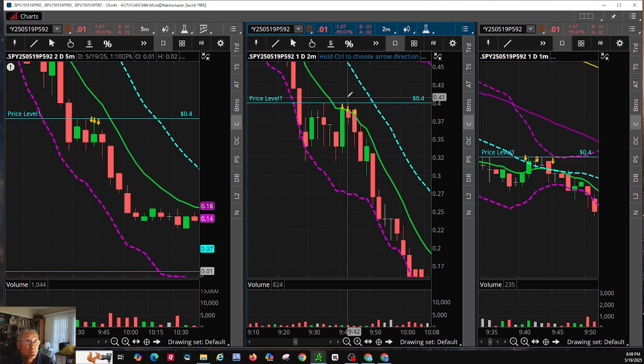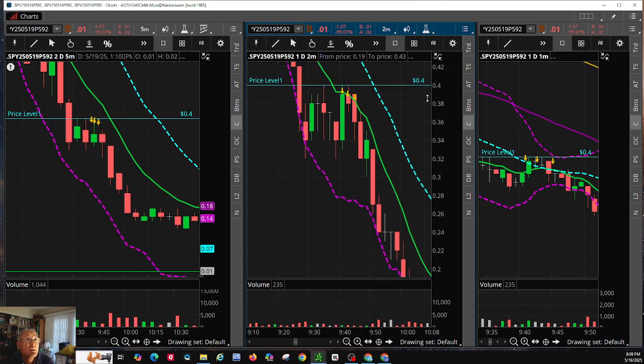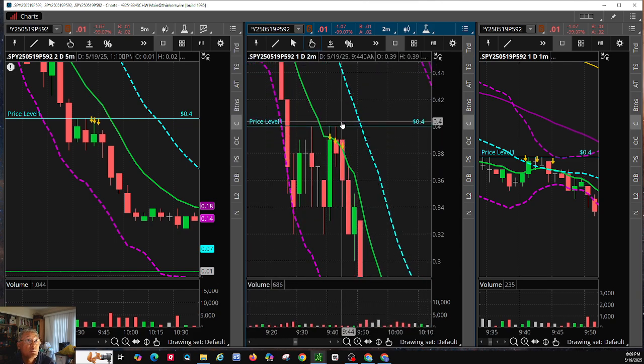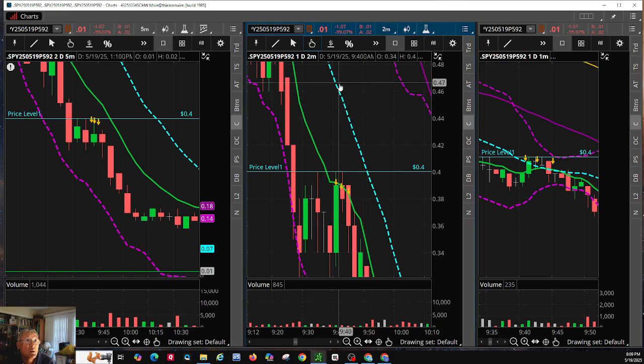Anything above here from this candle on, your stop is way up here. But after you add, you bring your stop to right down through here.